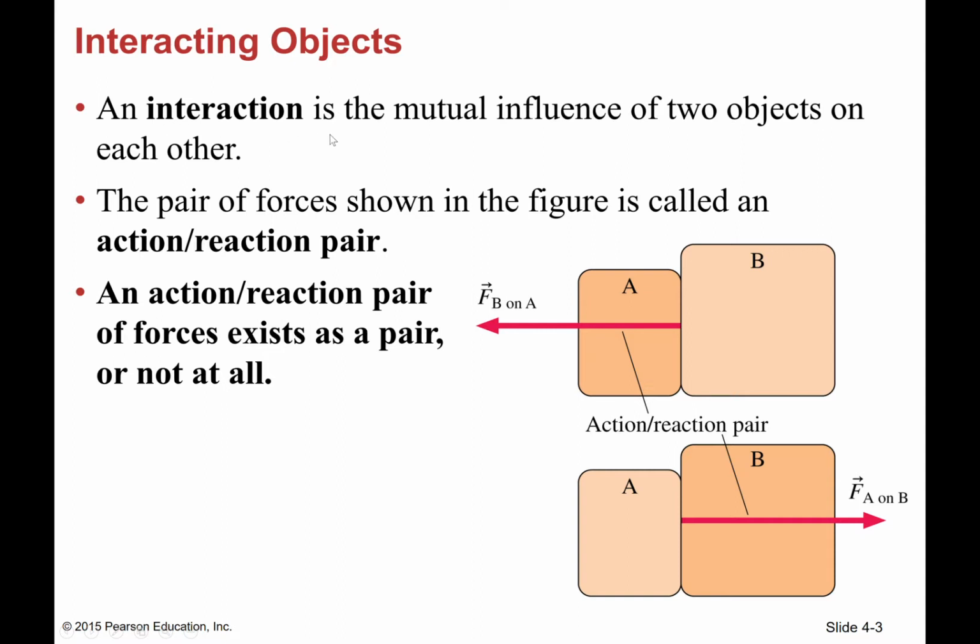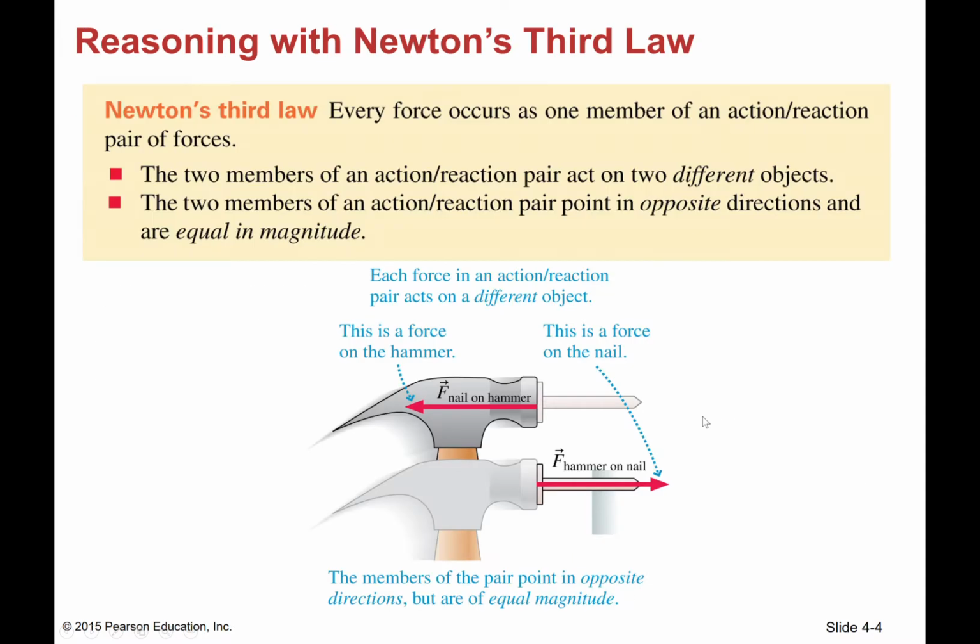That we call an interaction. So there's going to be a force from A on B and a force from B on A. Those are two forces. And so the bodies and the two forces, we call that an action-reaction pair.